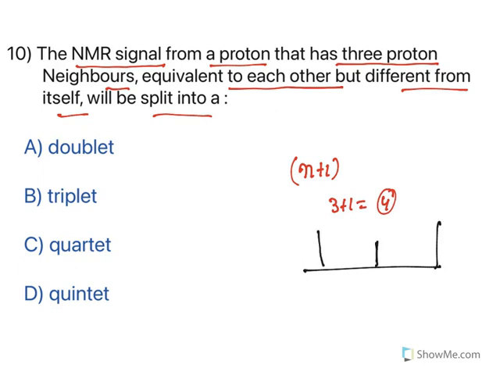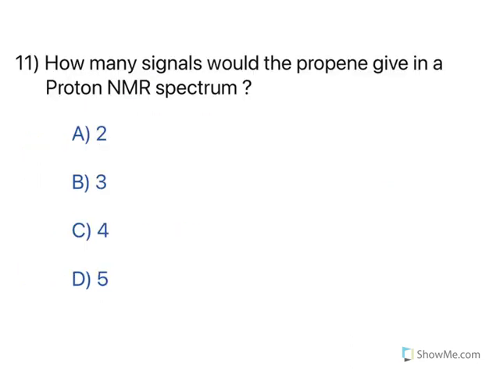If this one corresponds to 3 protons, this signal will split into 4. That is what is asked. If this one has only 1 proton, this signal will split into 2, a doublet, and this one is a quartet. So why? The adjacent neighboring protons plus 1, that is the splitting pattern. So here it says 3 protons, so it will be split into how much? Quartet, 4. Option C is correct. Moving to the next one.